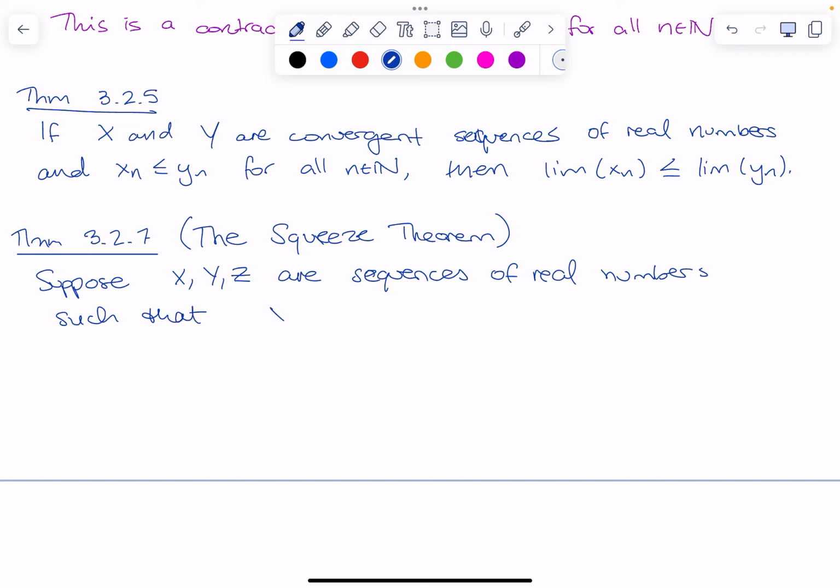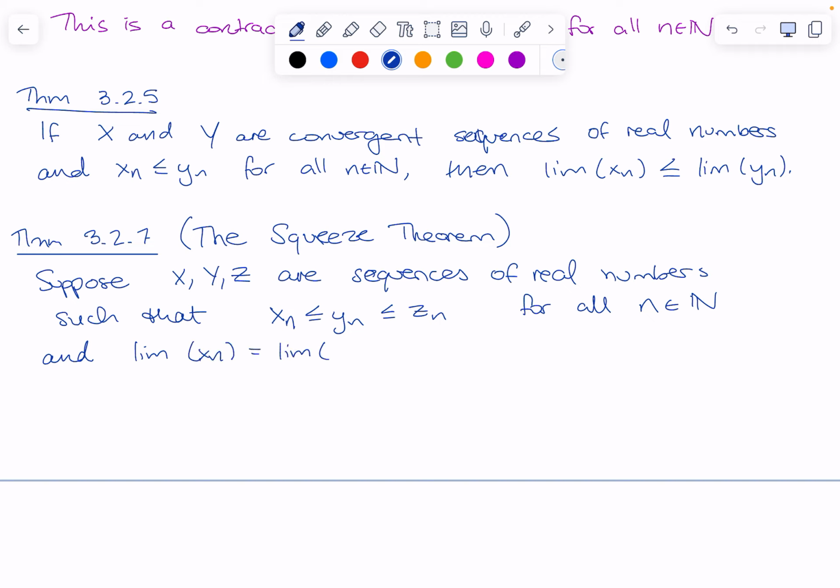Such that xn is less than or equal to yn is less than or equal to zn for all n in the naturals. And the limit of xn equals the limit of zn.